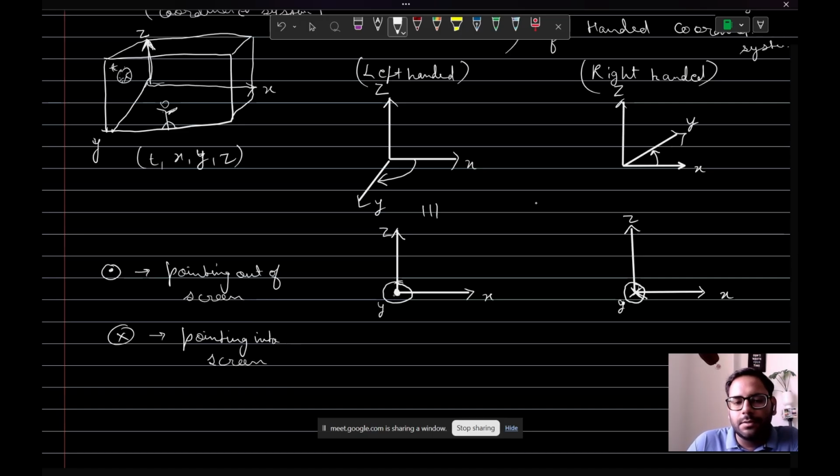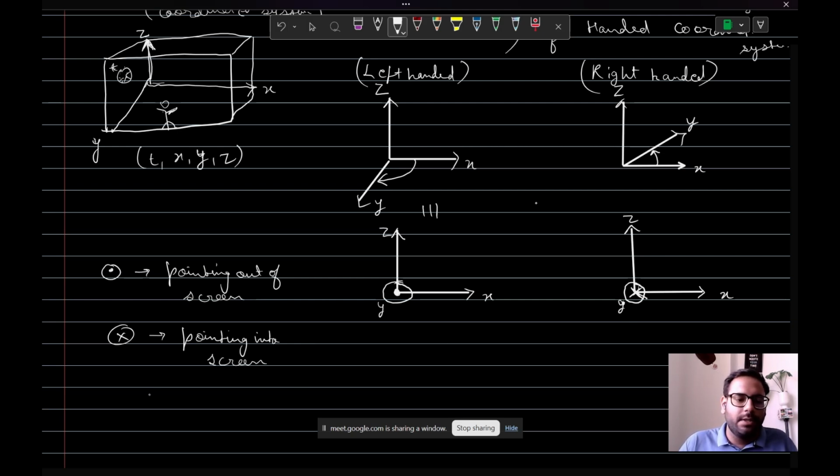So this axis is coming out of the screen, and the y-axis is going into the screen, at the backside of your screen.